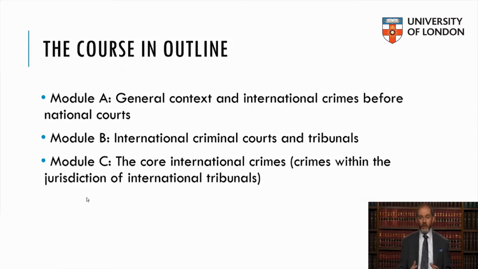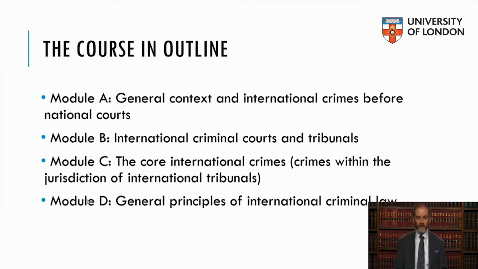Module C will be the core international crimes, those that are generally found within the jurisdiction of international criminal tribunals. So we'll be looking at, as I've said, questions of war crimes, crimes against humanity, genocide and aggression, but also ideas about the elements of international crimes. How do these crimes fit together? What has to be proven to make out a case?